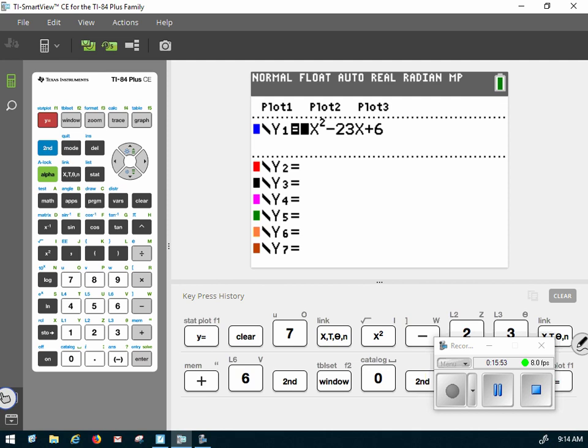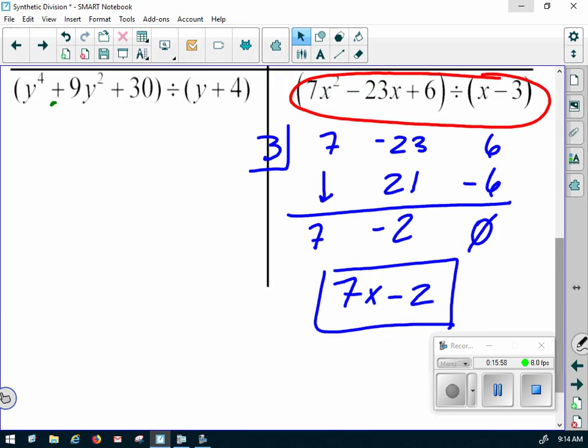Go back to y equals. And I want you to put this one in your y equals, but just replace y with x.